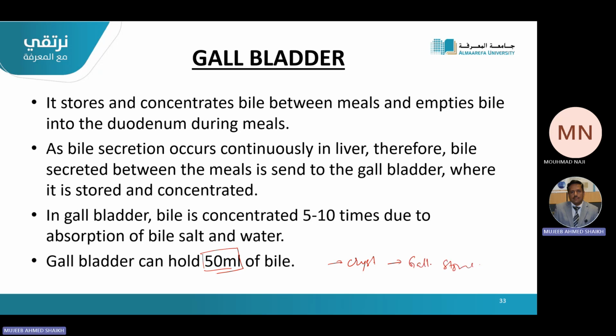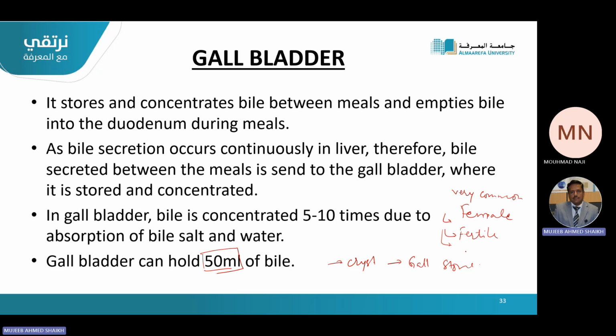One interesting thing about the gallstone is that it is very common in females. So female prevalence of gallstone is more than the male. And which females? Not all females. Those females which are fertile. That means they are in the reproductive age group.